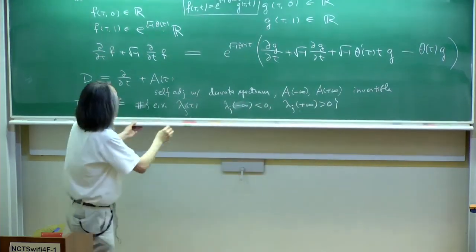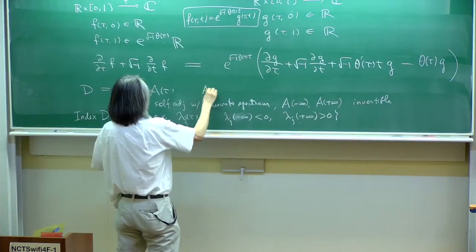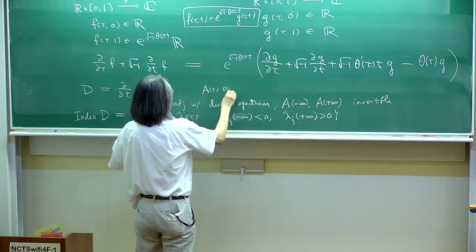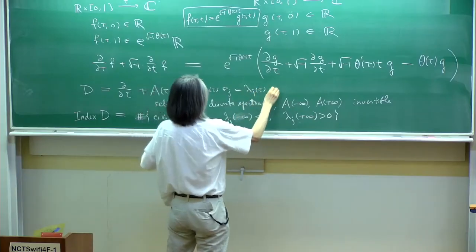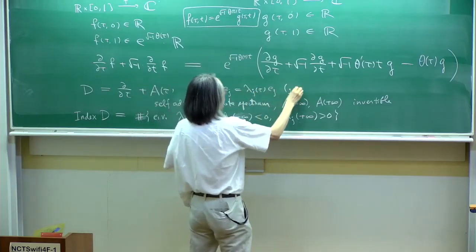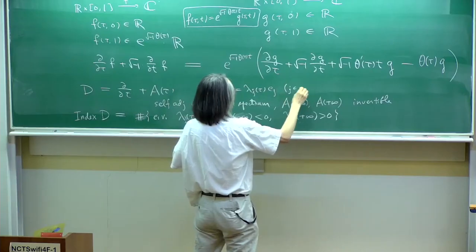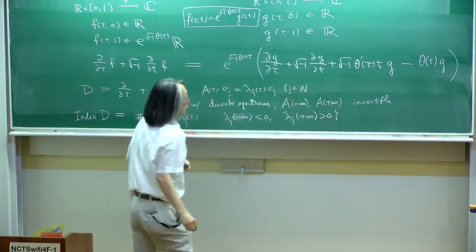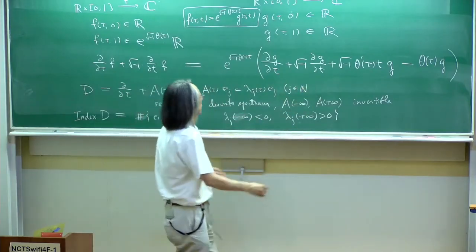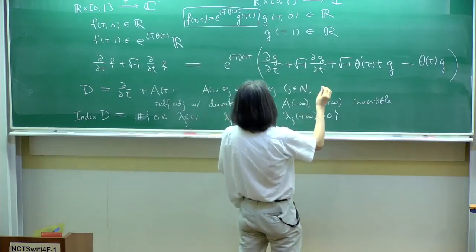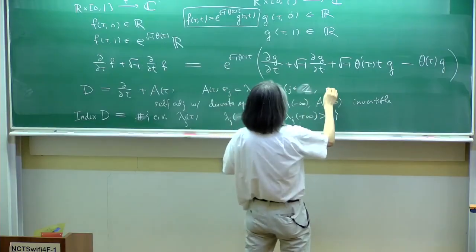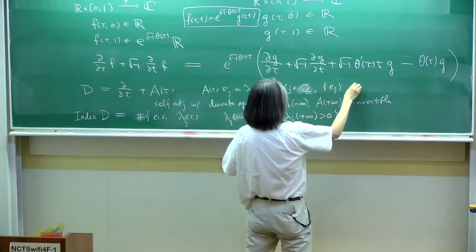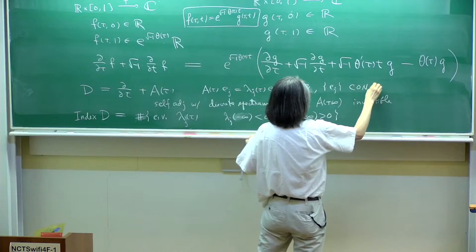I actually assume a very simple operator. Therefore A of tau applied to e_j is equal to lambda j of tau times e_j, where j is in the natural numbers, maybe integers, and the e_j are a complete orthonormal basis.